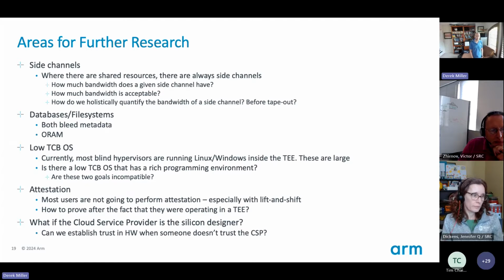What we have right now, if you're running, for example, AMD SEV inside Azure, you've got separations of concerns between them because you're trusting the AMD platform, but you may not trust your cloud service provider. What happens when the cloud service provider is the silicon designer? Can we establish trust in hardware when someone doesn't trust the holder of that hardware, or actually the creator of that hardware? I think this is a capital H hard problem, but it would be really interesting to see work in this area.